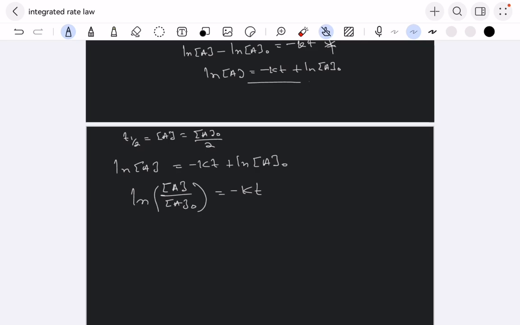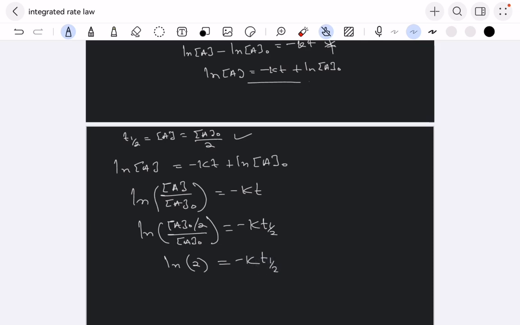So substituting using the half-life, this becomes ln of half of A naught over A naught, and that is negative k t half-life. So when we do the math here, we find that we have the ln of 2 equals k t half.